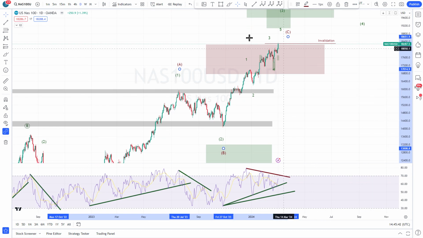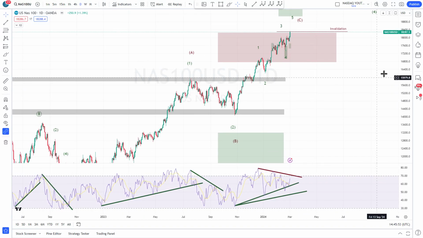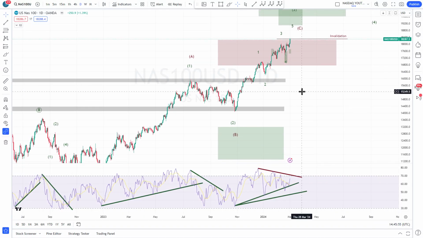So therefore, we are reaching the limits of the bearish scenario. It is still possible, but if you follow my analysis on the DAX, for instance, also there the chance becomes quite unlikely that the expanded flat scenario is playing out.